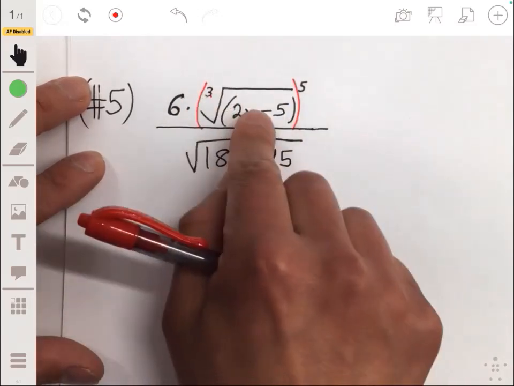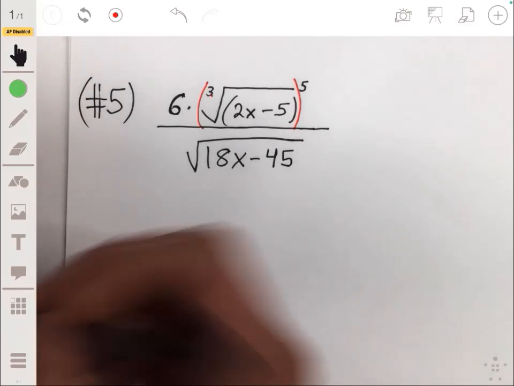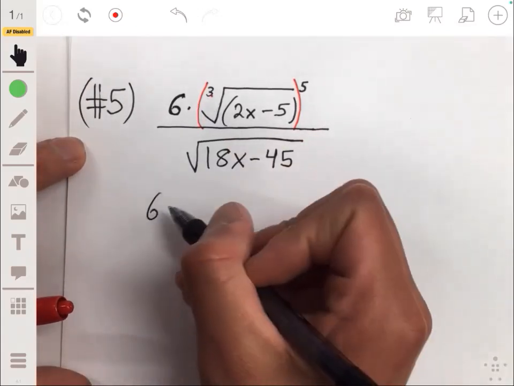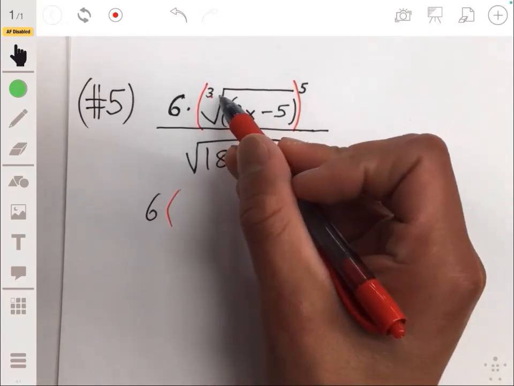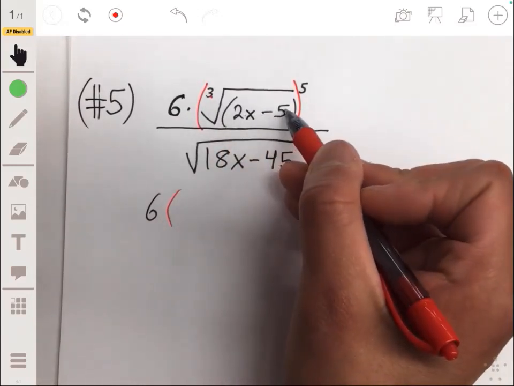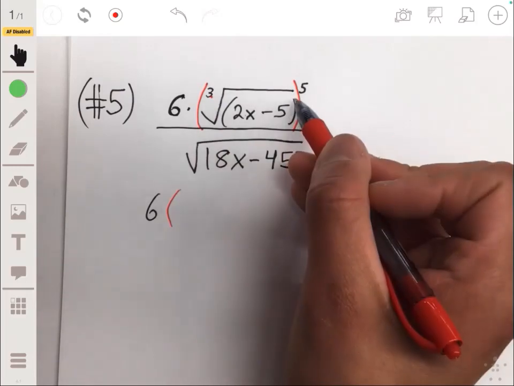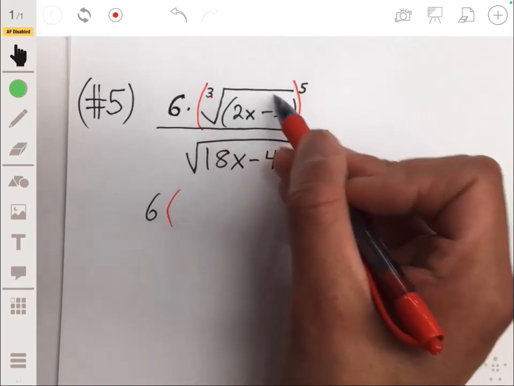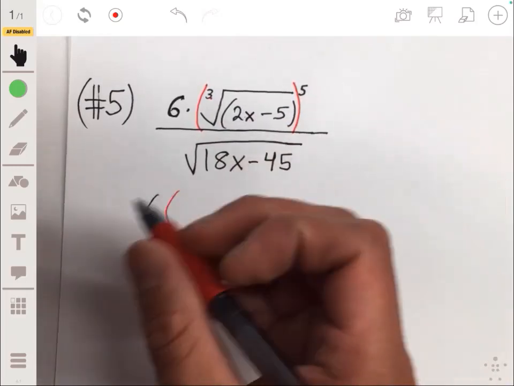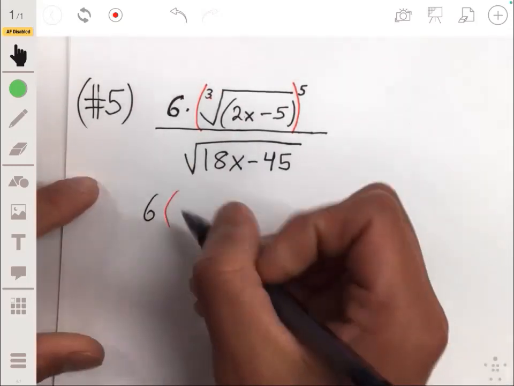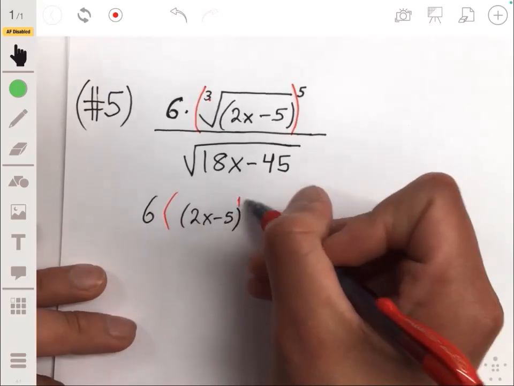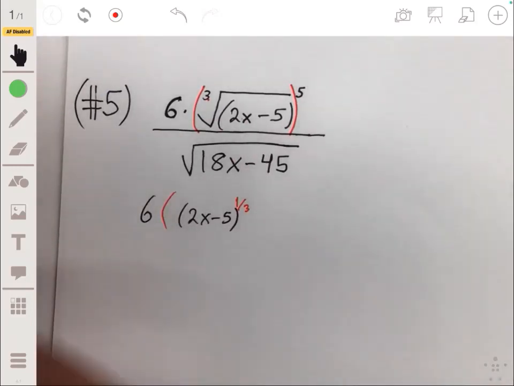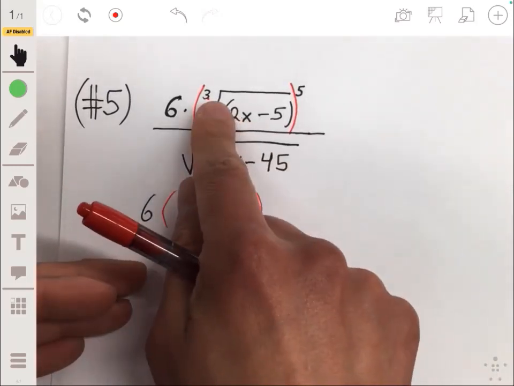So let's simplify this red part first. So what we have there, leaving the 6 on the outside for now, is essentially 2x minus 5 to the 1/3 power, because remember, this is just the third root of whatever this is. That's by definition of what a root is.